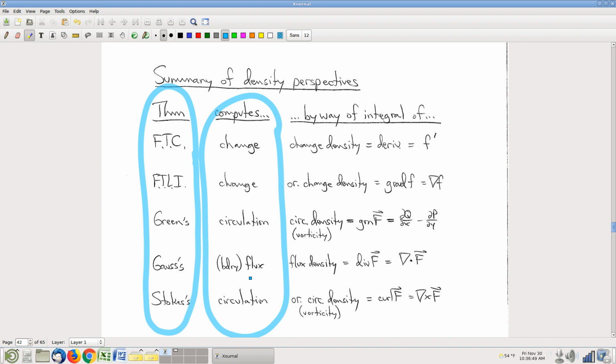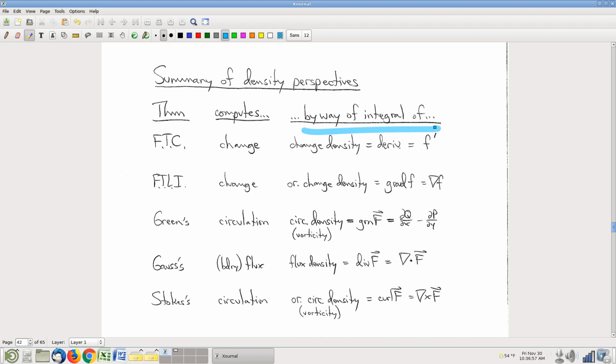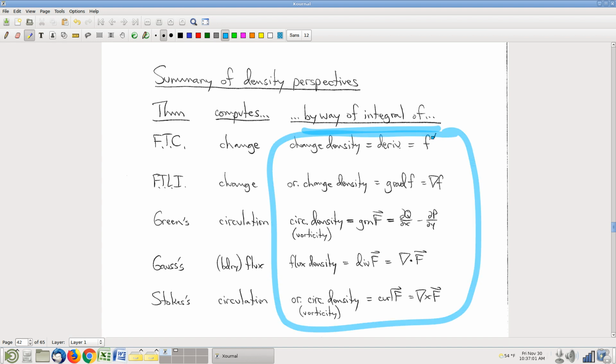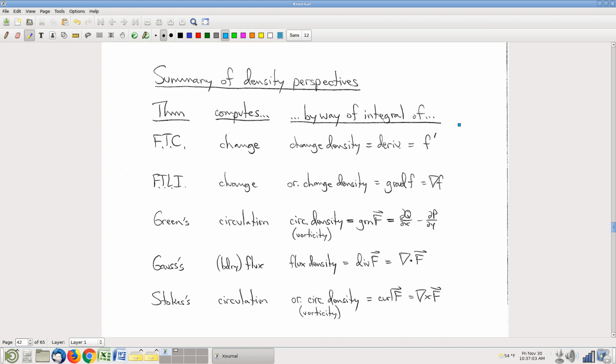They accumulate as integrals. When you have a good accumulating quantity that is an integral, it's an integral of a density. And the corresponding notion of density, well, that's all of these things. Just semantically, the density associated with change, change density. Associated with circulation, how about circulation density?